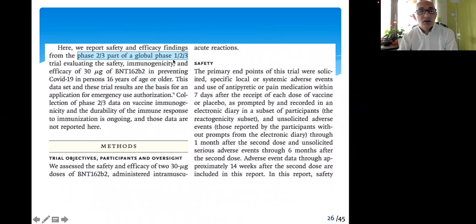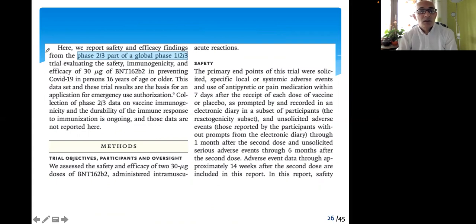If I take a screenshot from this report, you see in the objectives part, they mention the phase 2-3 part of a global phase 1-2-3 trial.